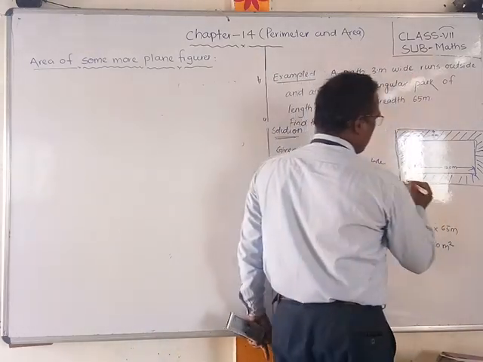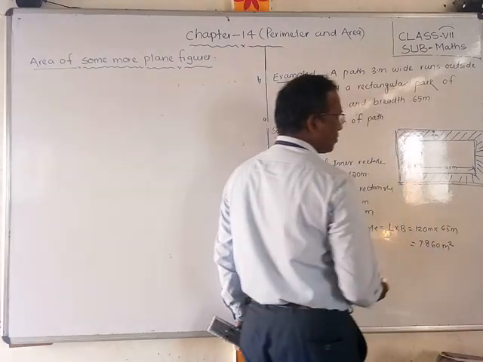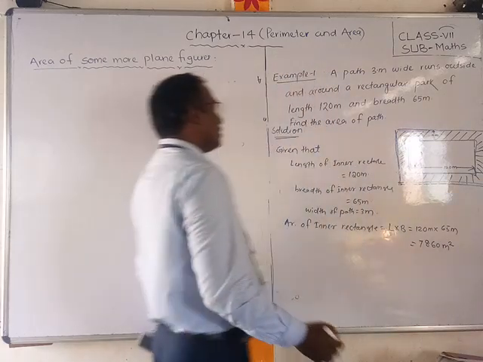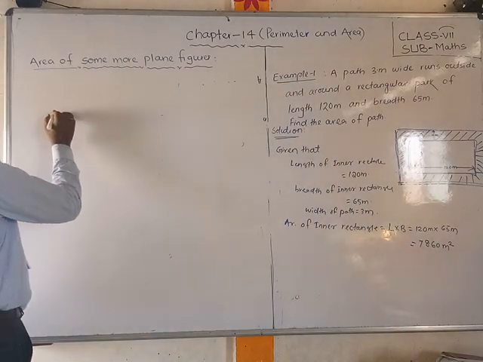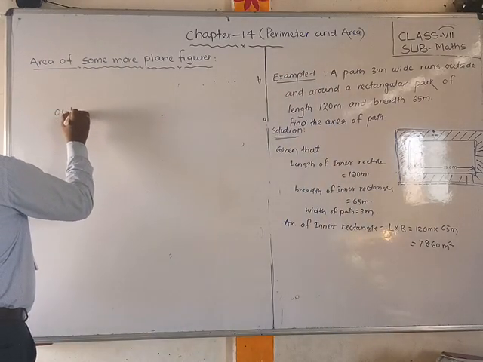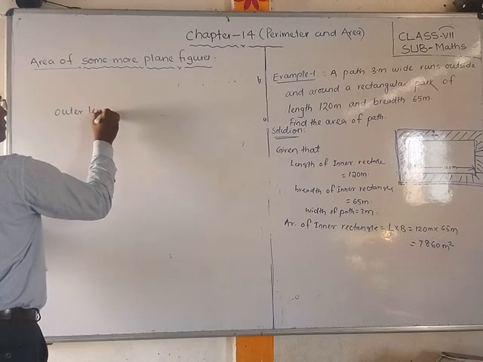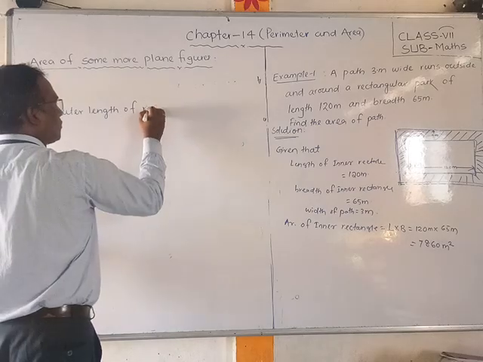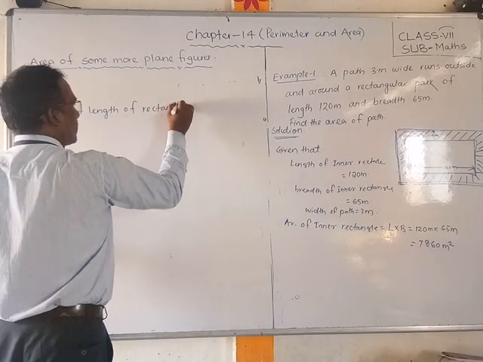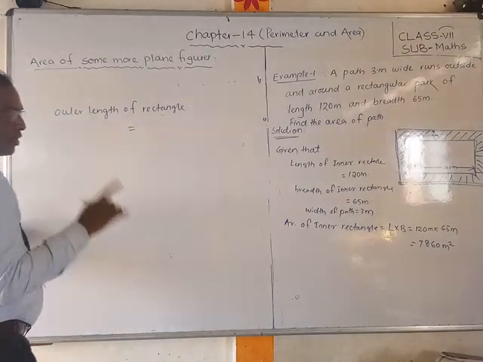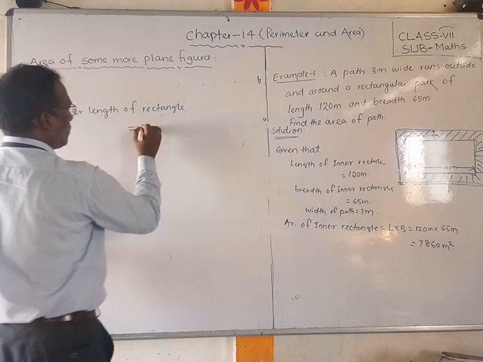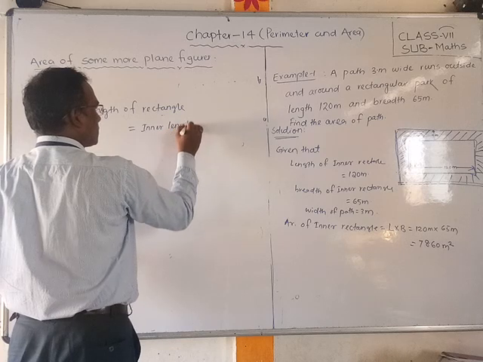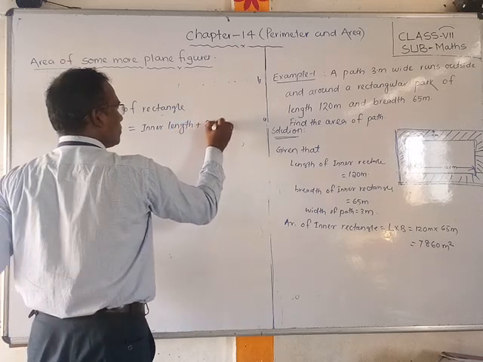So see, students, if we want the outer length, you have to add the width on both sides. So outer length of rectangle is equal to inner length plus 2 into width.